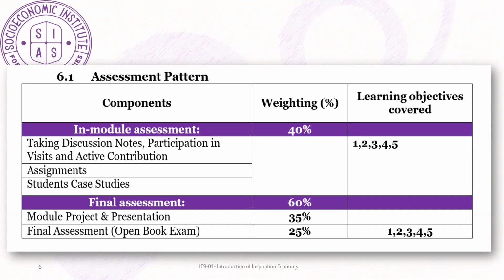So 60% of the assessment will be the strategic assessment of the course, which will focus on the module and project doing, and how much you try to make a change in your community or area and so on. Besides the final presentation, you're going to present with pictures and the case study in general. And then the final assessment will be an open book exam, because again, we are not testing your memory only, we are testing your understanding.